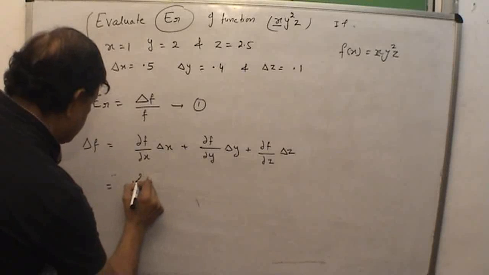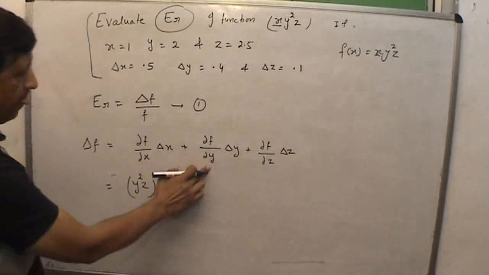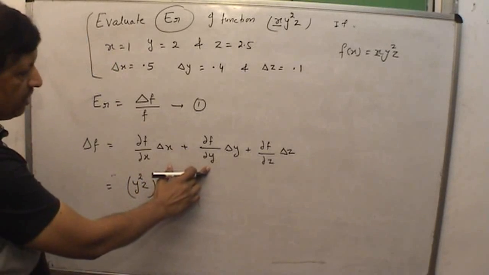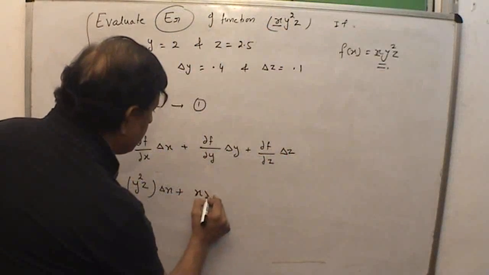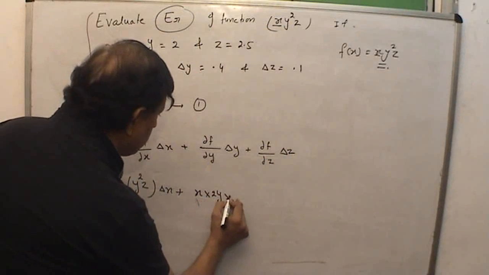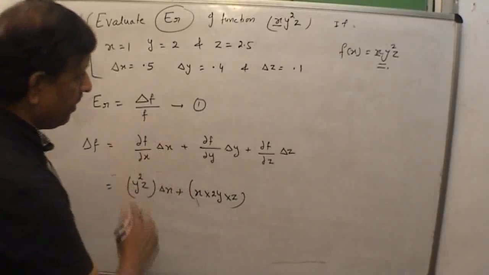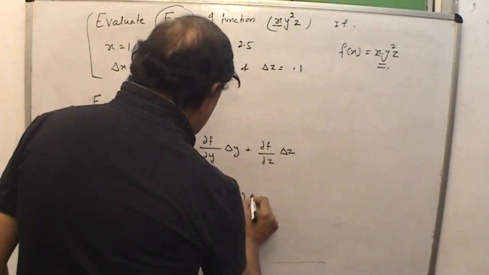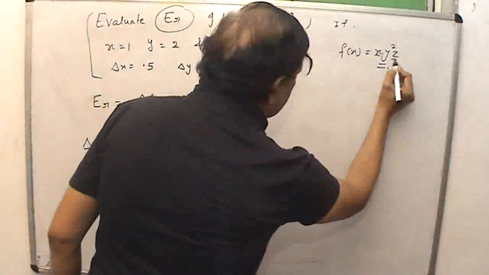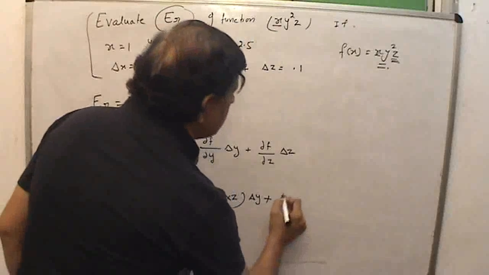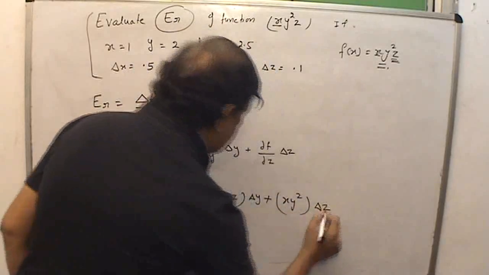We write it as y square z into delta x, plus differentiation with respect to y, it's partial. We shall differentiate only y square, that is x into 2y into z. Both other variables are not altered at any cost, into delta y, plus curly f by curly z, only differentiation of z, that is x into y square into delta z.